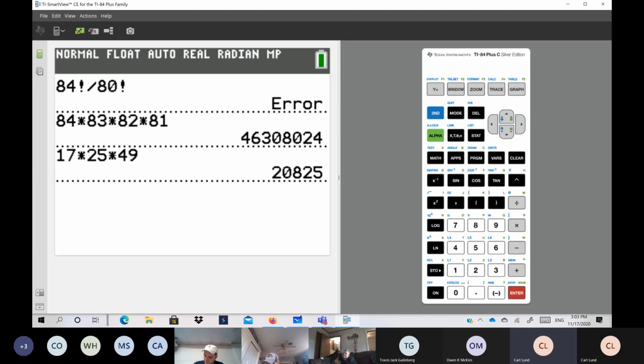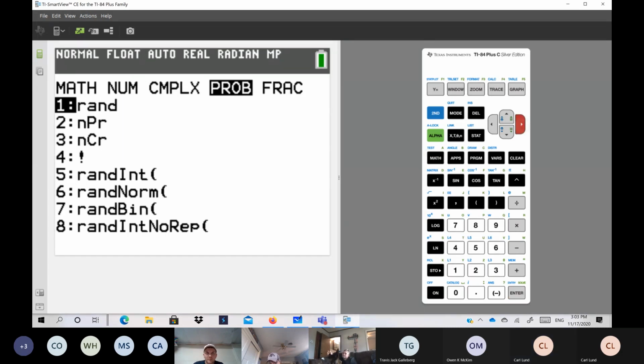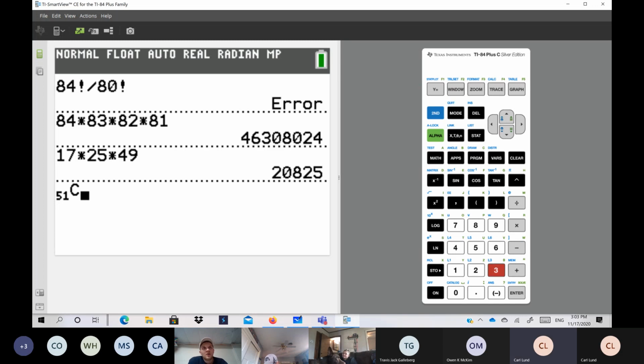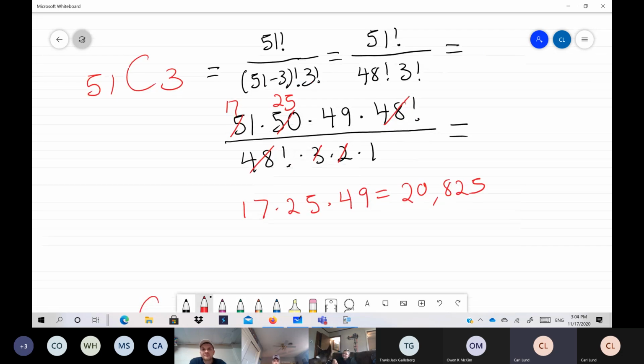And we'll check our work on the calculator. 51C3 is 20,825. Excellent. So we have 20,825 ways to pick 3 Democrats out of 51.